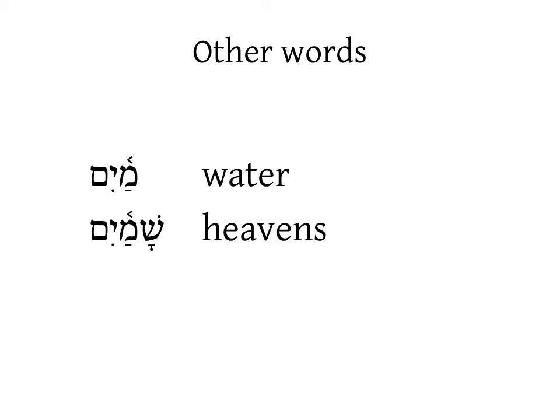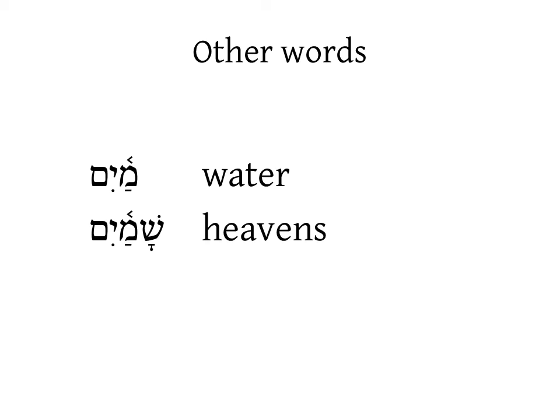And last, there are a few other words that, for whatever reason, appear to be in the dual, but don't function as if they are dual. So, for instance, mayim, which means water. It doesn't mean two waters or waters, it's just water. The word is always mayim, which looks like it's dual, but it isn't.